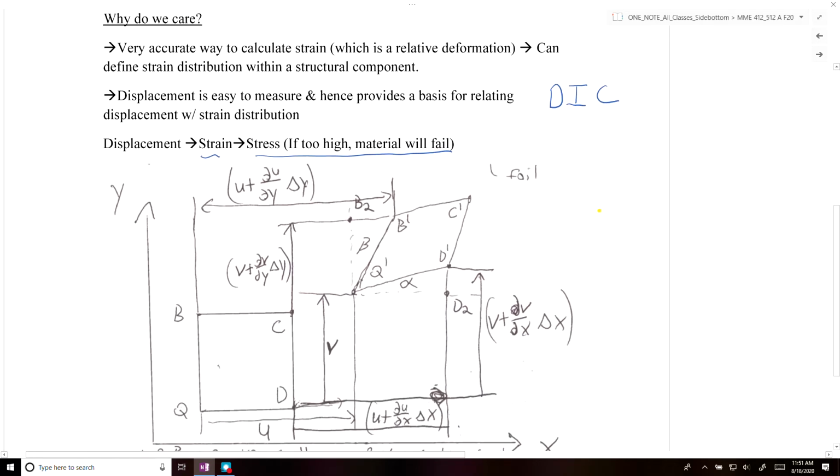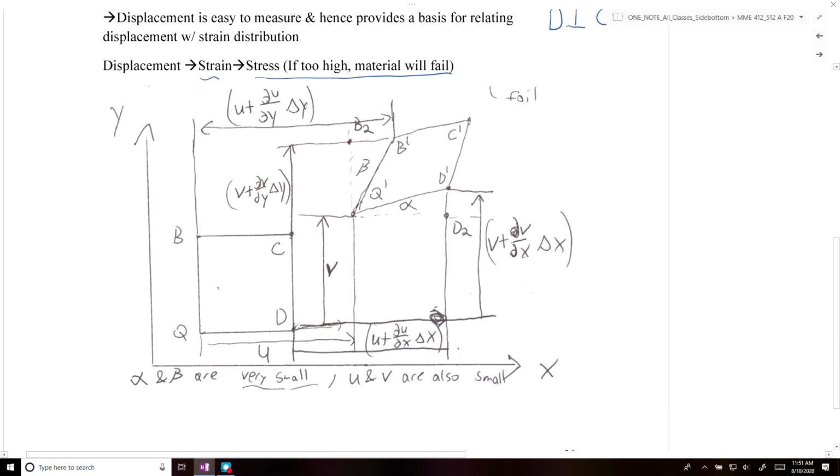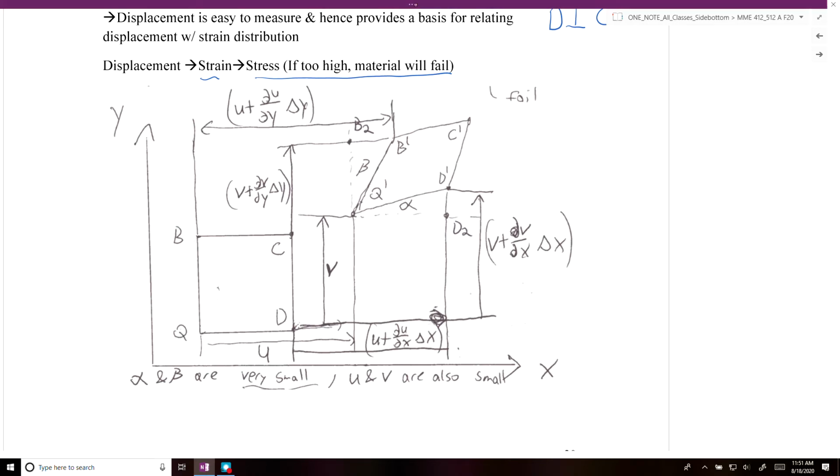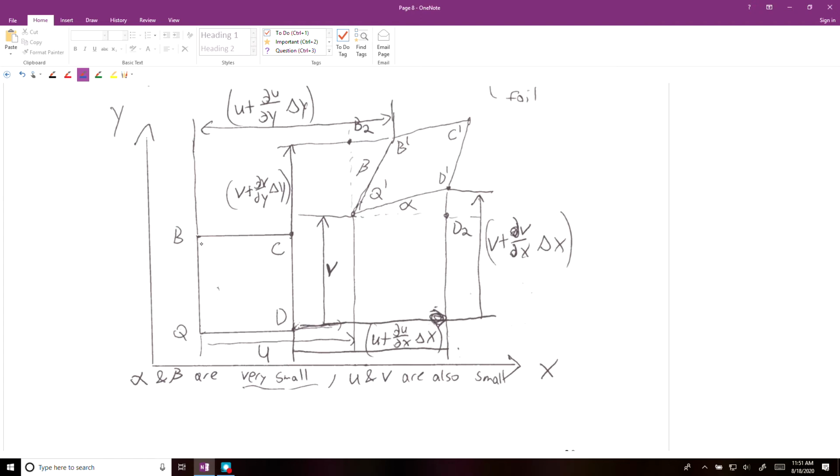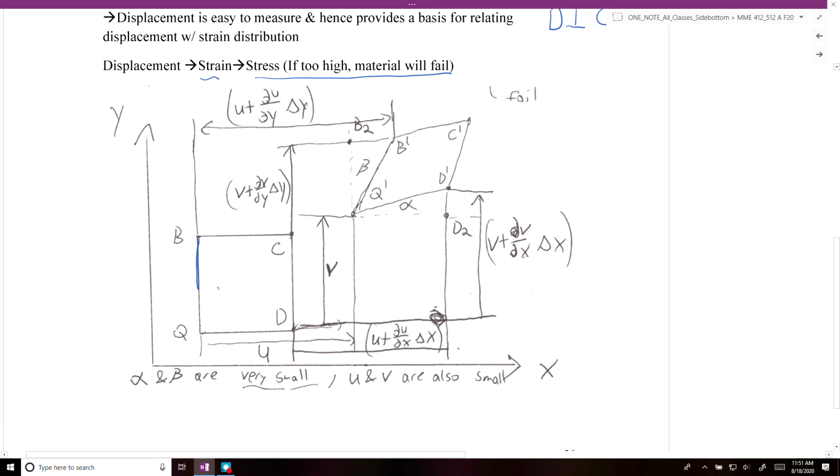In order to define our strain from our displacements, we can use a simple example. We're going to start off with our undeformed square, or a very small section on our rigid body.